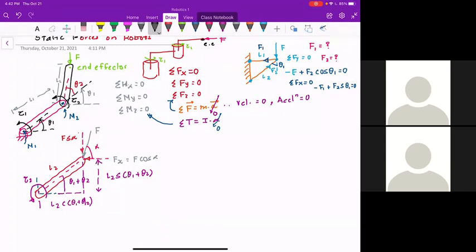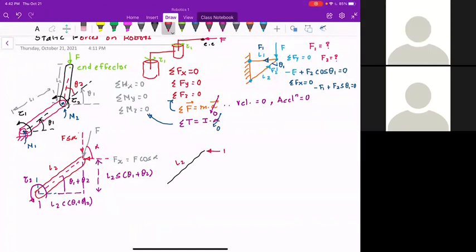If I free the body, I would understand, and I'm going to show it to you. This is L2. There is going to be Fx, there is going to be Fy, and here there is going to be tau 2. Please note, there is no other force acting on this link.